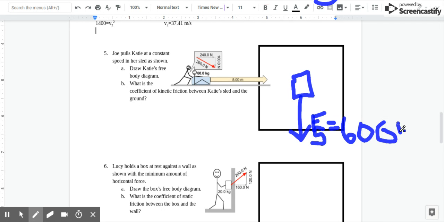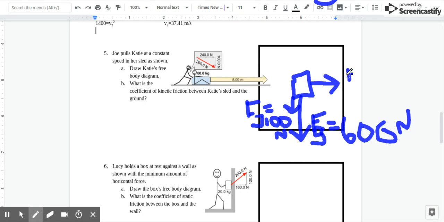Because when you look at Joe, he's pushing her down and to the right. So we've got 100 newtons of his force going down. So I'm going to put F Joe, and that's going to be 100. The other thing I'm going to do is include this part, the 240.